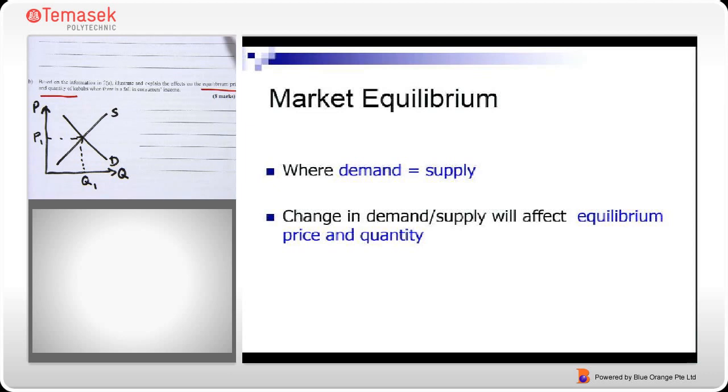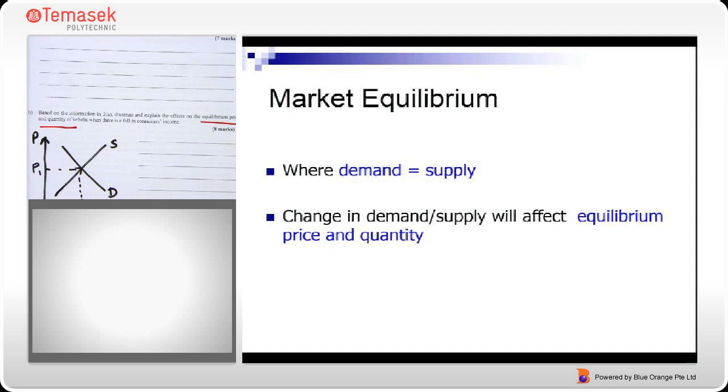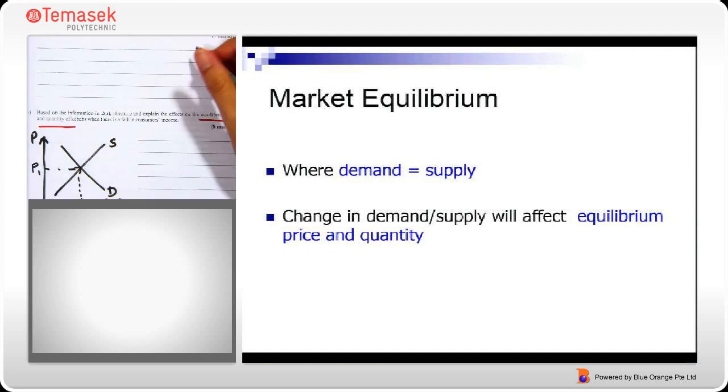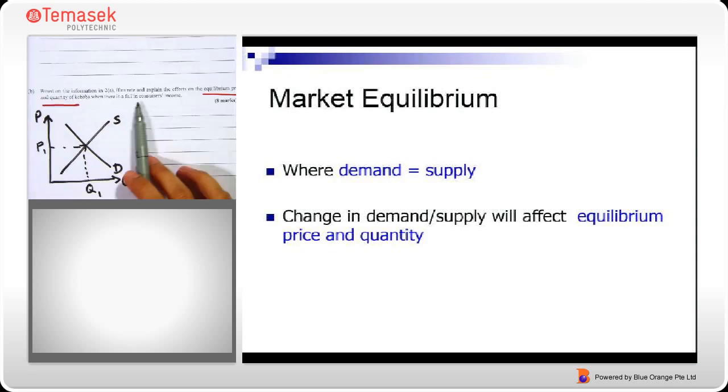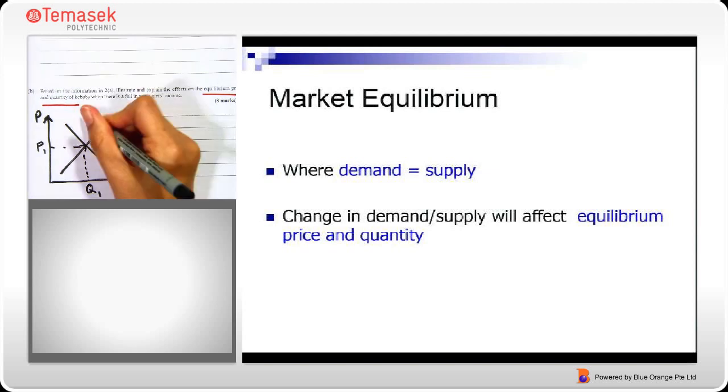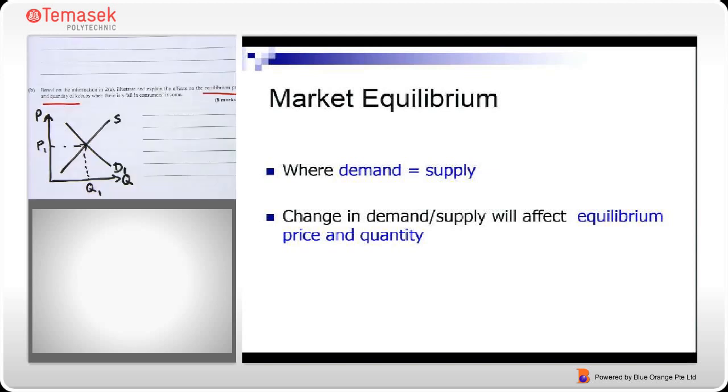So based on our answer in part A, we concluded that kebabs are actually an inferior good. So when there is a fall in consumers' income, the demand for kebab will increase.